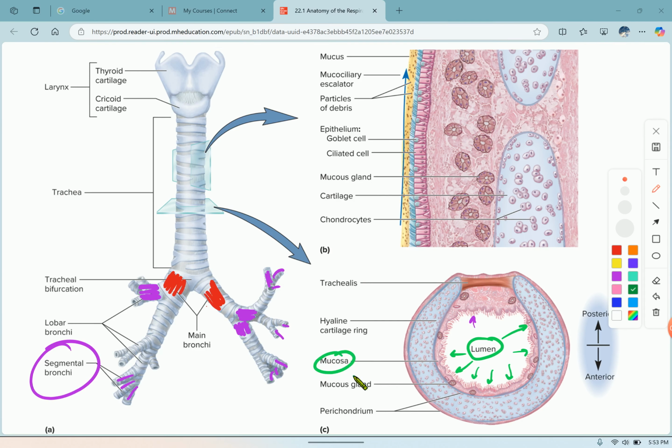We have our mucosal layer and the mucus glands that help the goblet cells to produce the mucus. There's a goblet cell, and there's the cilia.